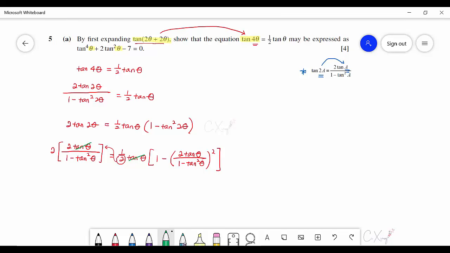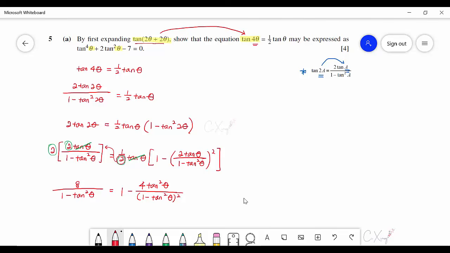Therefore, I'm having 2 multiplied with 2 multiplied with this 2, I'm having 8. Then divided by 1 minus tangent square theta. Then on the left hand side, I try to expand. Then I will have 4 tangent square theta and divided by 1 minus tangent square theta, and I square this bracket at the bottom.